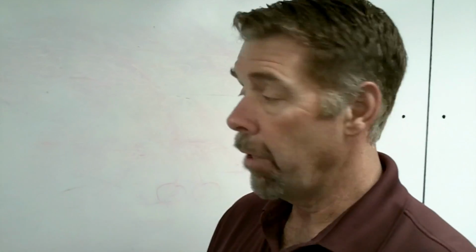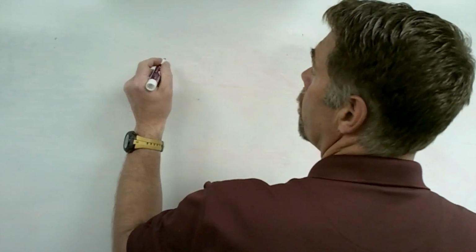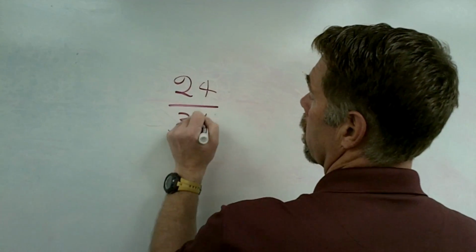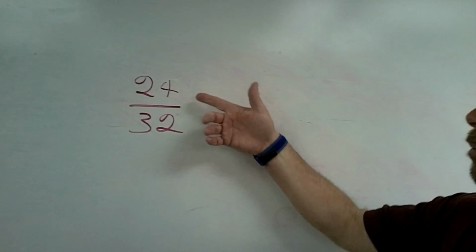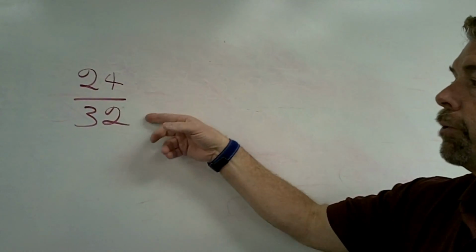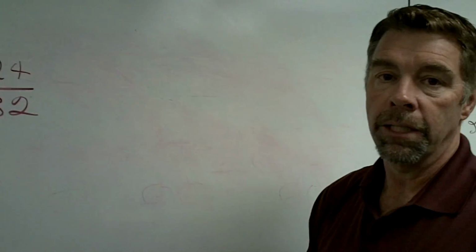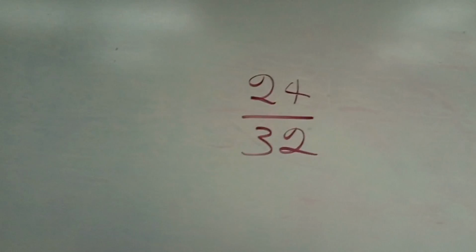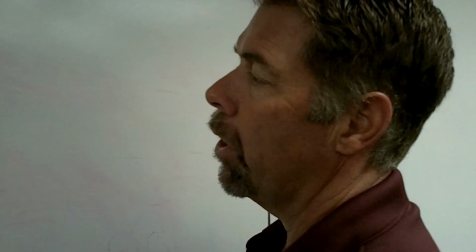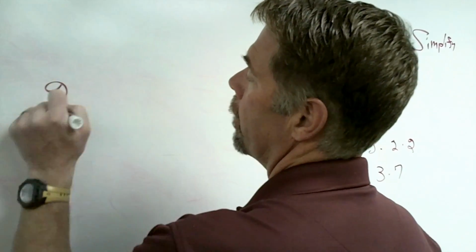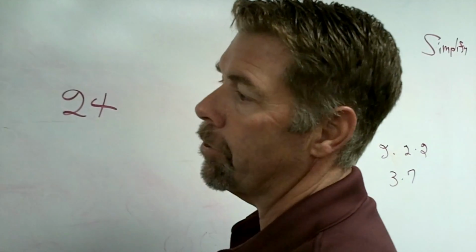You try another one, okay? 24 over 32. Now, you may be able to factor this out just thinking about it, but if you need to, use the factor tree to help you find the answers. All right, so 24. I can't do it in my head. I can't think of it, so I'm going to do my factor tree.